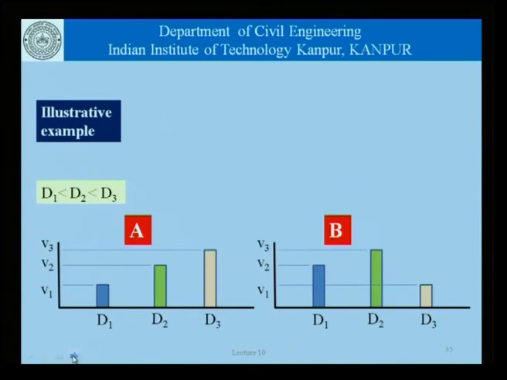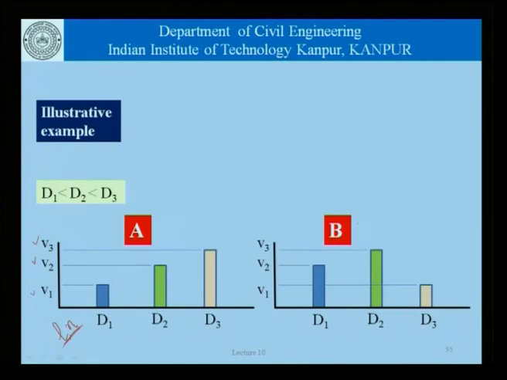Now, if we compare these two pore structures, A and B, let us recall what was A. A is a situation or a pore system where D1, D2 and D3 have the lengths and the numbers of pores such that the volumes are V1, V2 and V3.